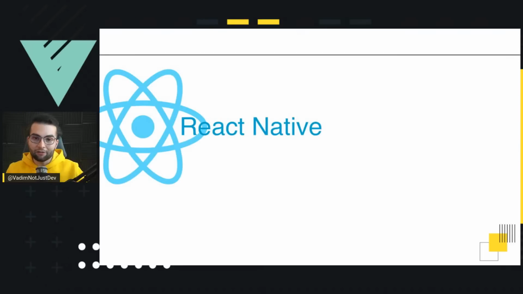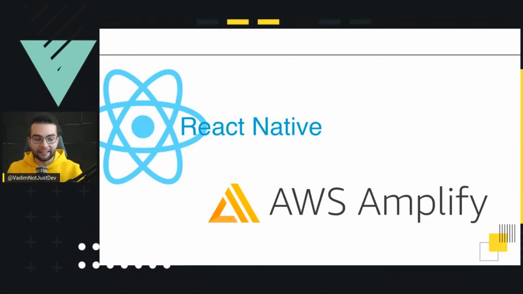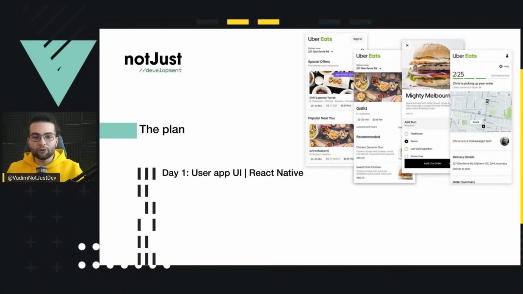So everything is done with React Native and AWS Amplify, and this is a great opportunity for you to get some experience with this, improve your skills with building React Native applications, both for front end and back end with AWS Amplify. So let's have a quick look at the recap of what we have done in the previous days, what we're going to do today, and what's going to happen next.